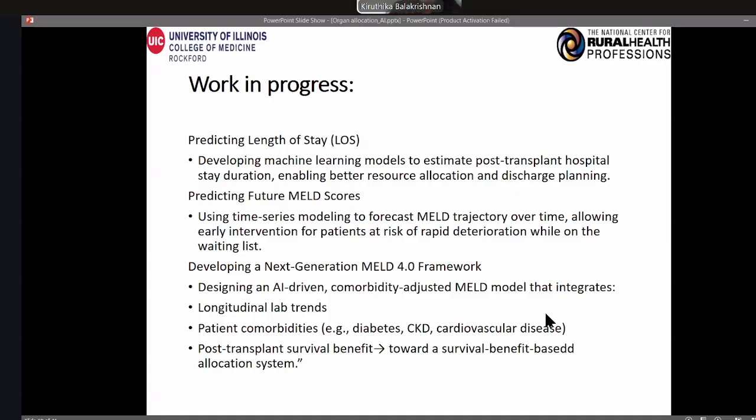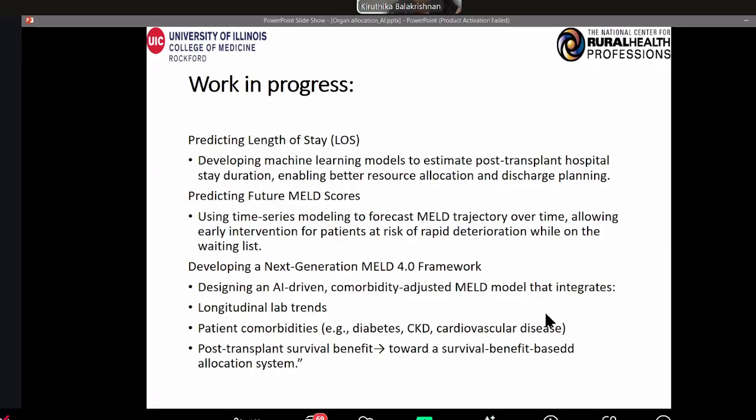Then we are also in the process of developing a next generation MELD framework by designing AI and ML models using patient comorbidity, all the lab values and temporal variations. We are mainly focusing on a survival benefit model towards a survival benefit based allocation system for organ allocation.